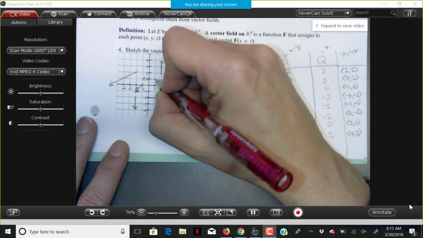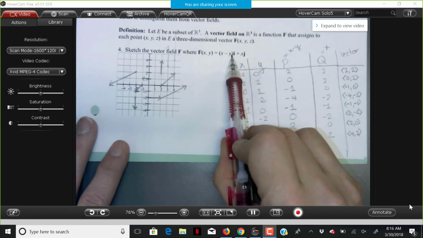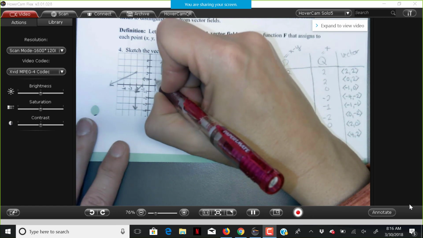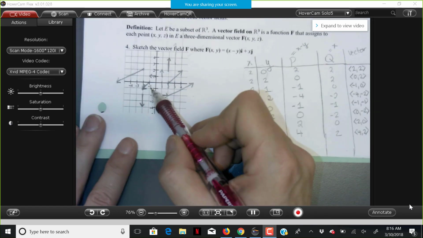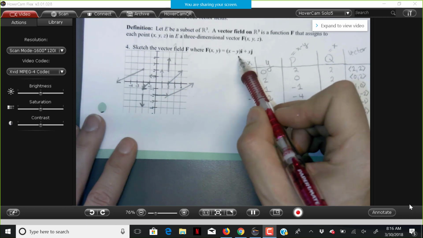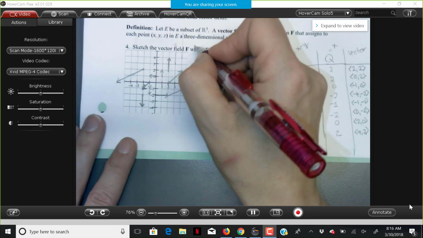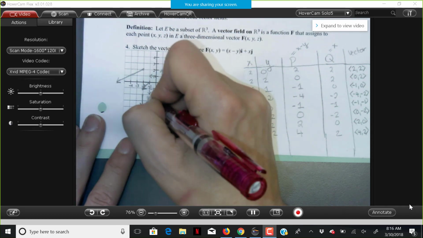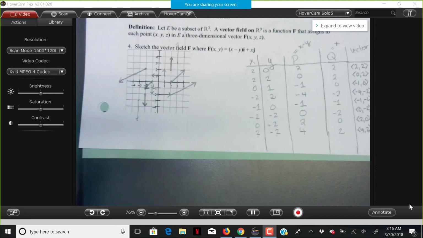So if you were at the point 1, 1, you would go over 0, up 1. If you were at -1, -1, that would be 0 and the x would be -1. So all along the line y equals x, those points have no horizontal component.